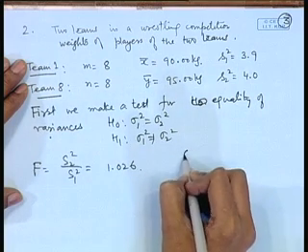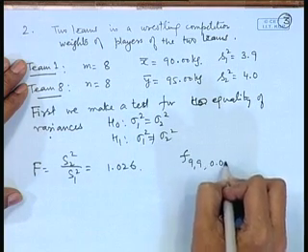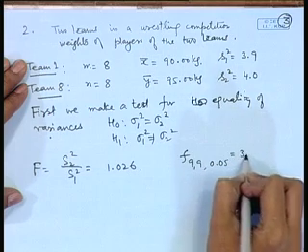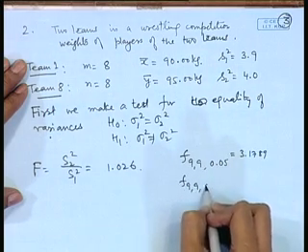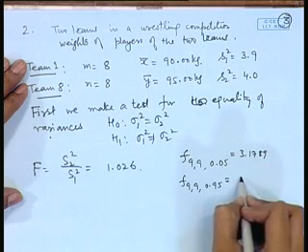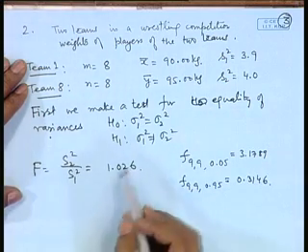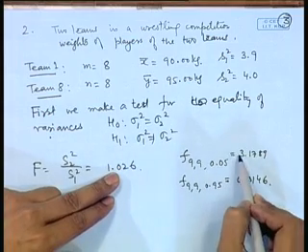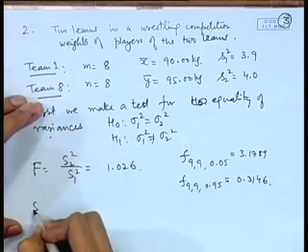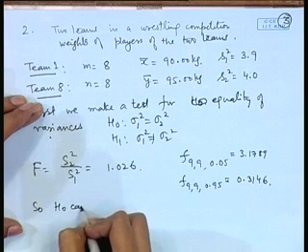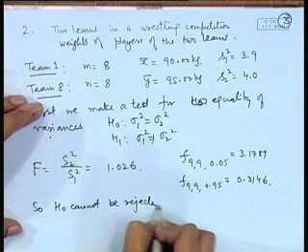Now, if we look at the F value on 9 degrees of freedom at, say, 0.05, then it is 3.1789. If we see F 9,9 at 0.95, that is equal to 0.3146. So, you see here 1.026 is not greater than this value, it is not less than this value. So, H naught cannot be rejected.